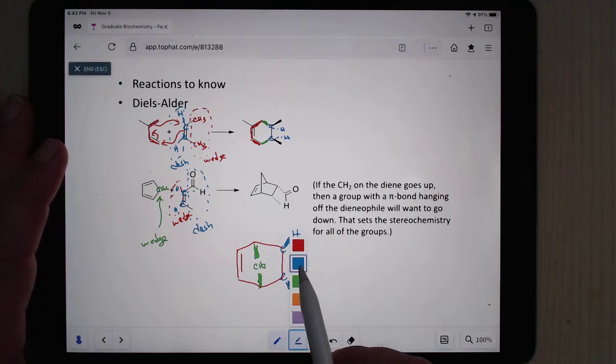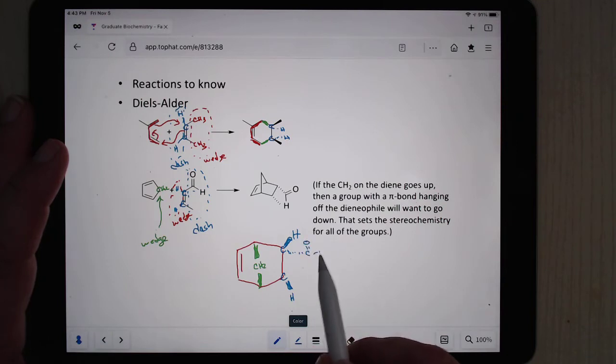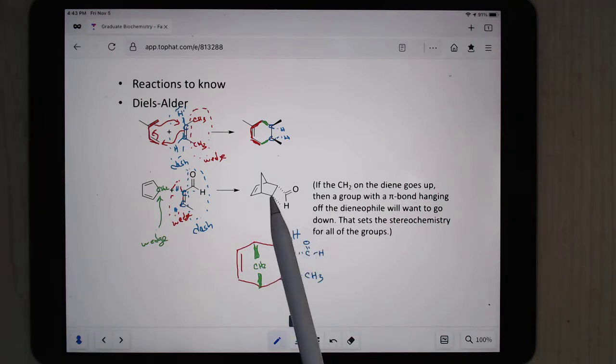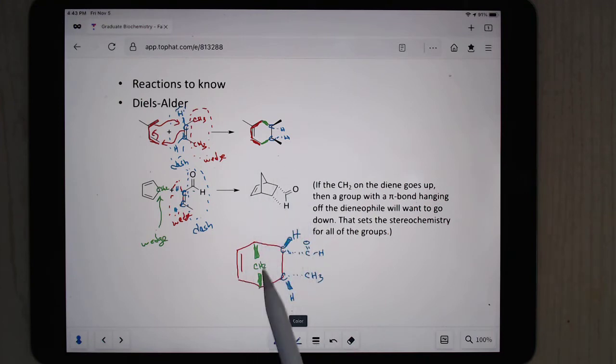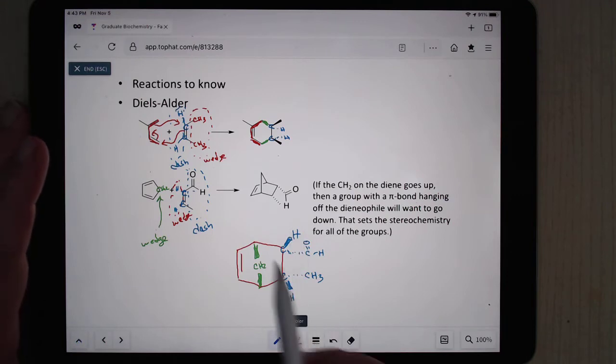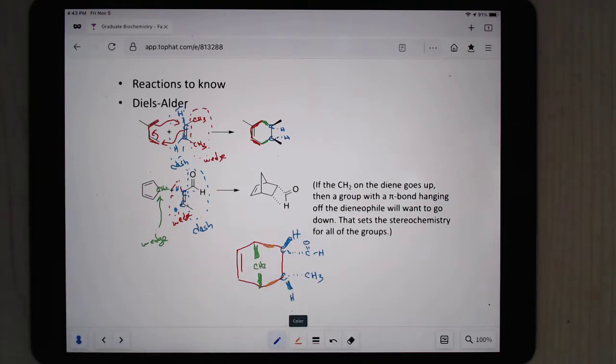And then on the dash, we've got the aldehyde and the methyl. So you can either draw it like this, or you can draw it like this. Sometimes students see it a little bit easier than this. And so these are the bonds that we made. Those are those new bonds right there.